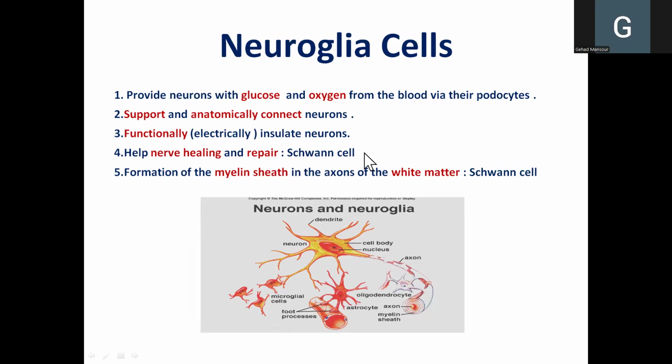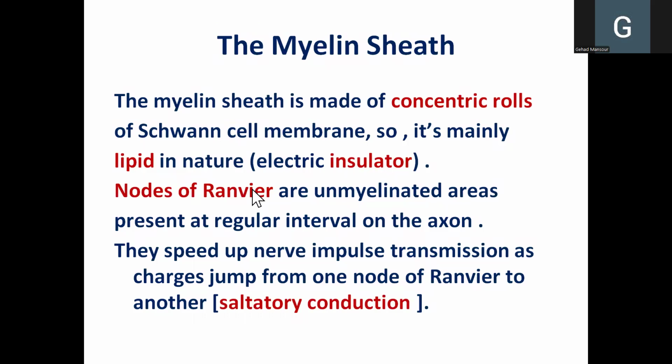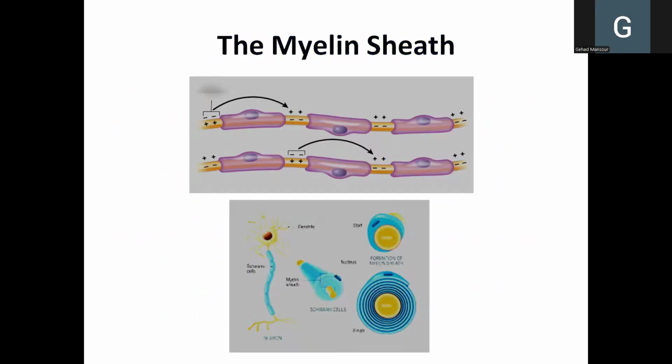Of course, Schwann cell is present in the peripheral nervous system mainly, so we would say oligodendrocyte here and there instead of the Schwann cell. So they help healing and repair, and they help formation of the myelin sheath. We talked about the myelin sheath in the previous video, so we are not going to repeat it.